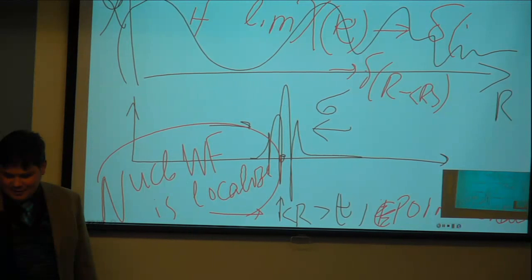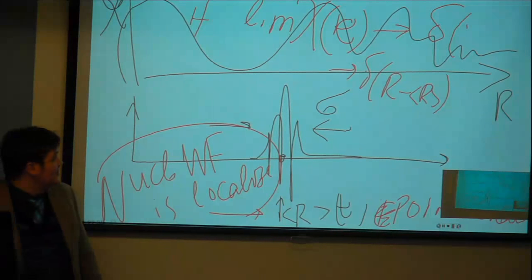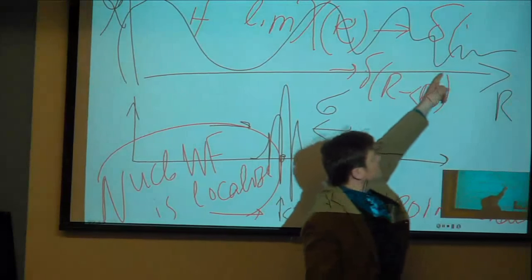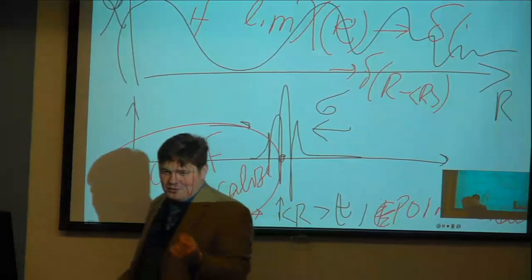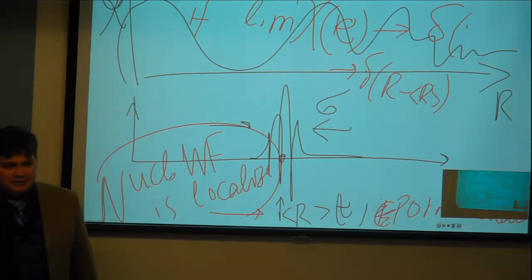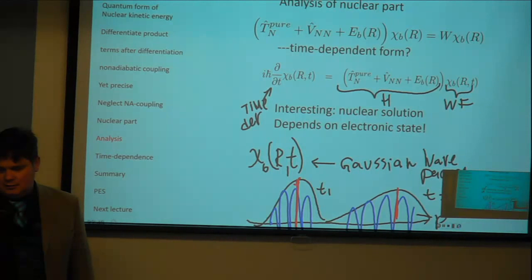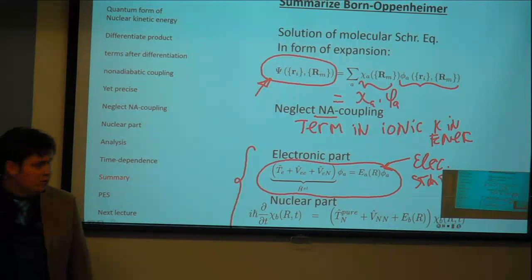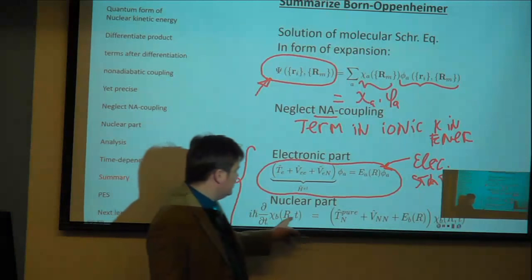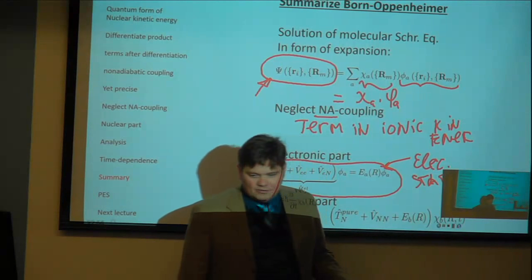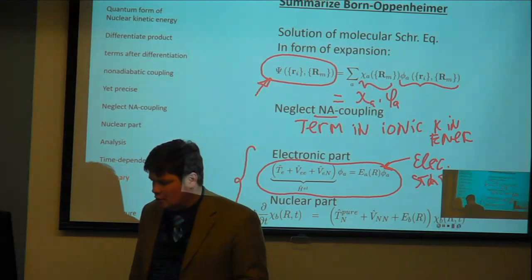Here is not my achievement; it's the achievement of London, who told that the nuclear wave function converts into a delta function, and then we come to the idea of point charges, right? And then we decided that one day we need to speak about time dependence of the nuclear wave function.